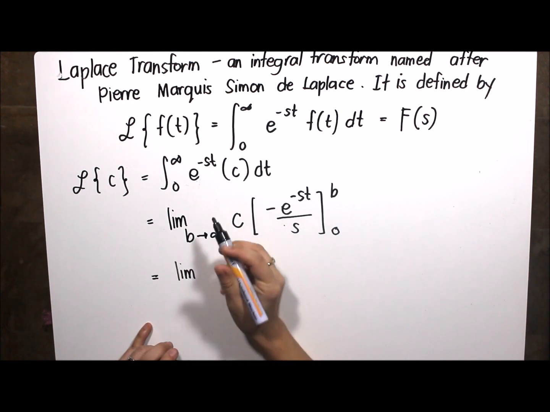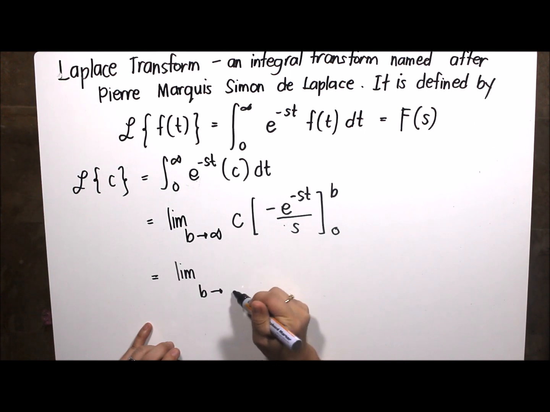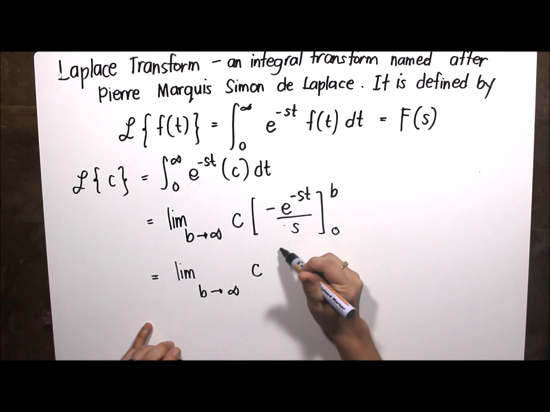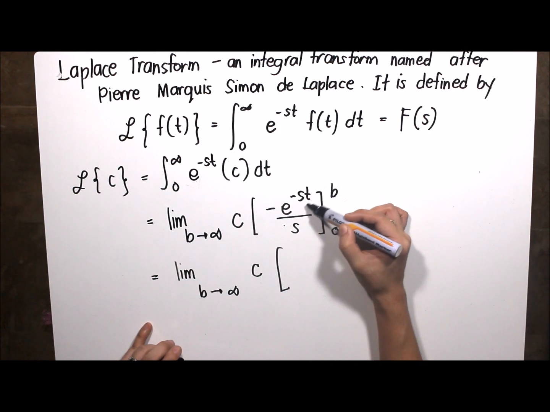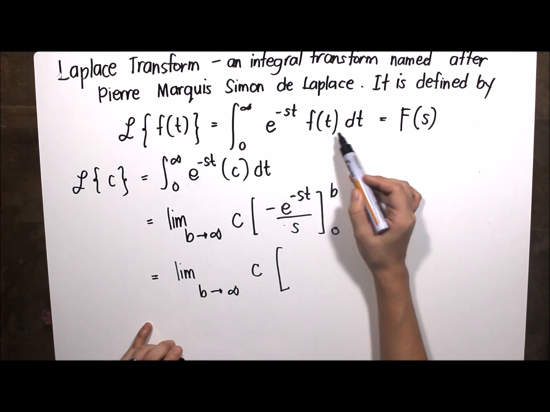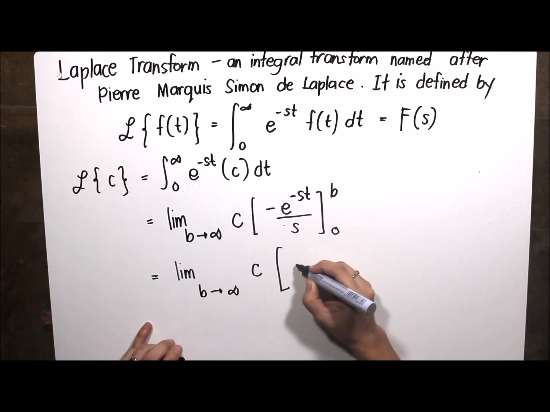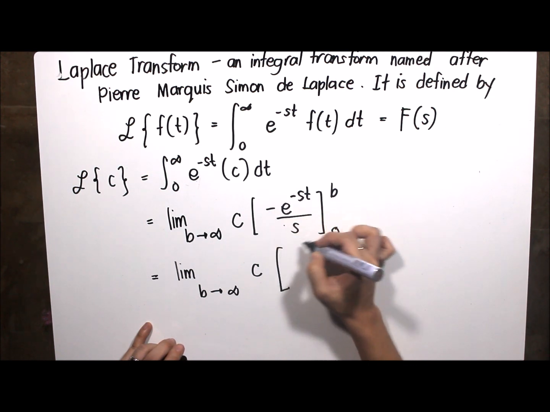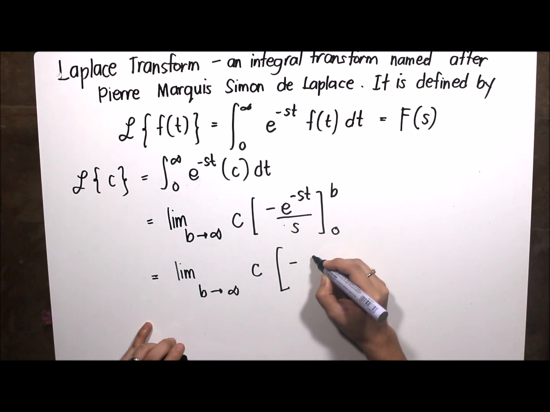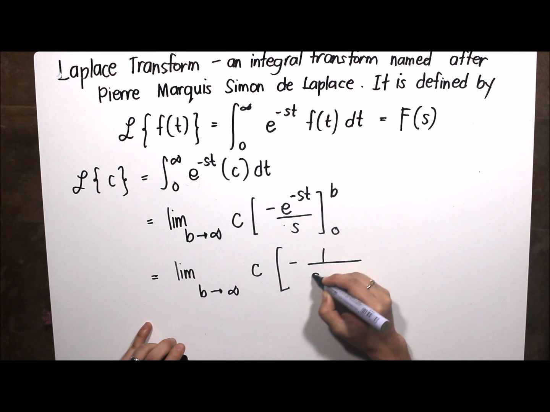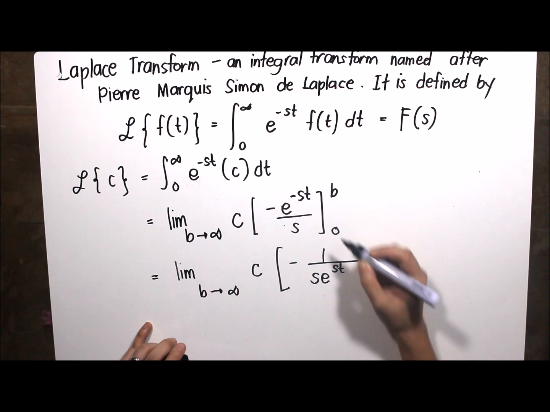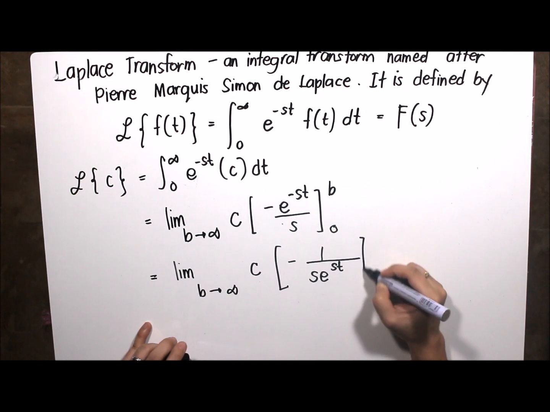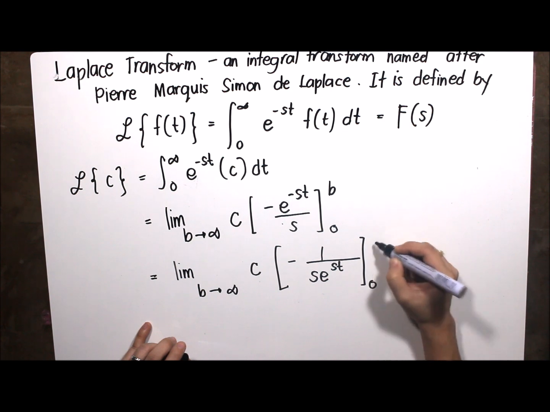So if we're going to apply the limits, we will have an answer that is equivalent to the limit as b approaches infinity of c multiplied to applying the upper and the lower limit in place of time. Since time is our variable, this could be written as negative 1 over s times e. This will become positive because we are subtracting. Then applying the limits again of 0 to b.